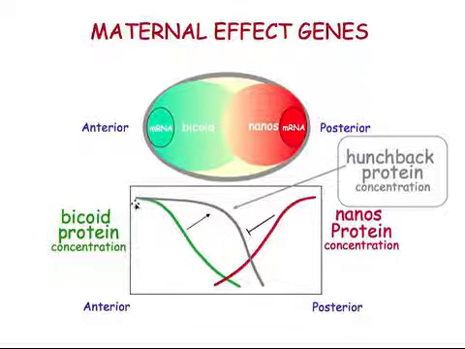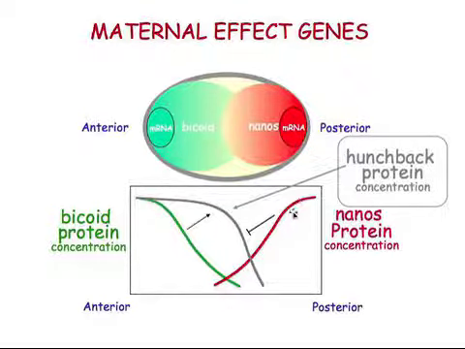Now, following the expression of these proteins, these transcription factors then affect the gap gene, which in this particular case we're looking at is called hunchback protein. So the bicoid protein is a transcription factor that activates expression of hunchback.